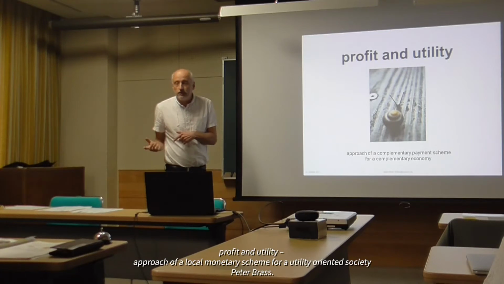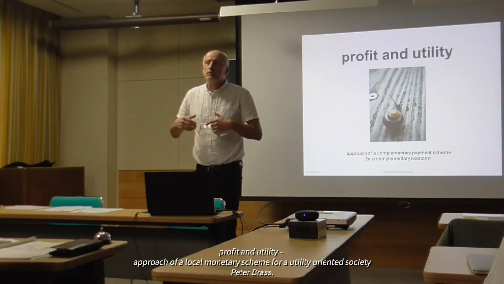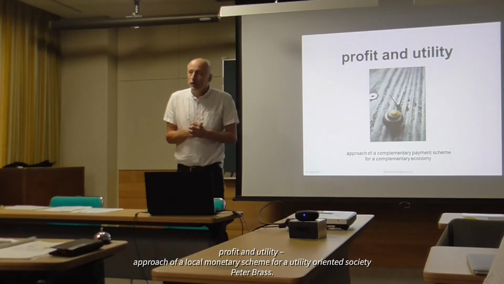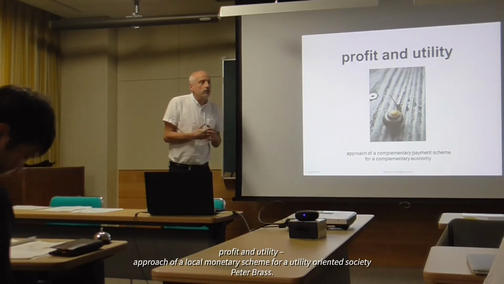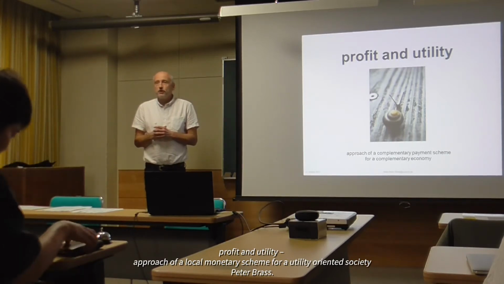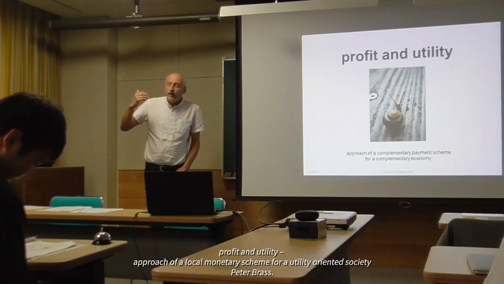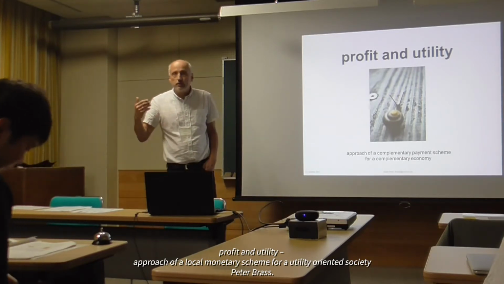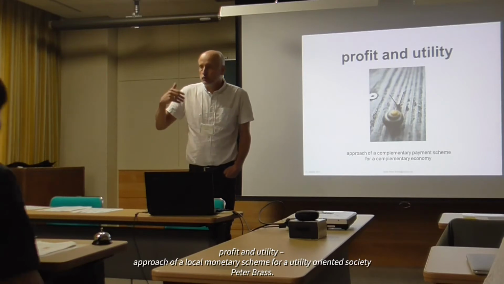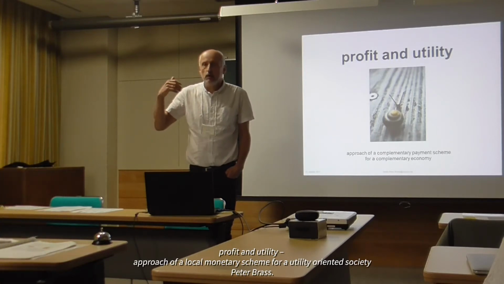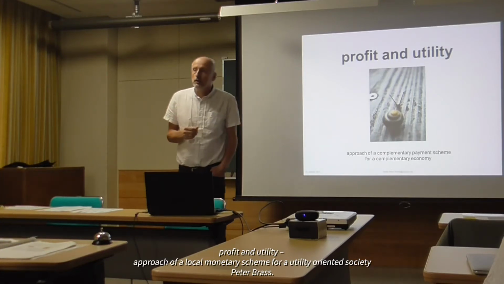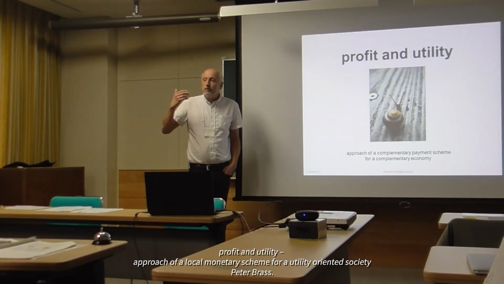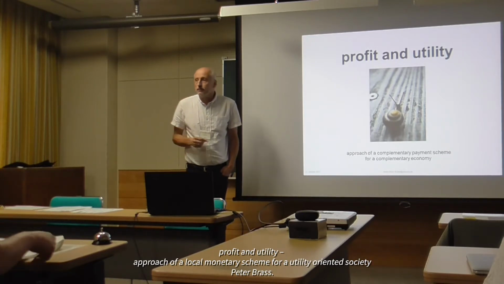And the other part, which we can do by ourselves, which we can influence. In practice, this is a complementary currency which tries to encapsulate capital. And this encapsulation of capital will be used to increase money circulation in a way to benefit society.